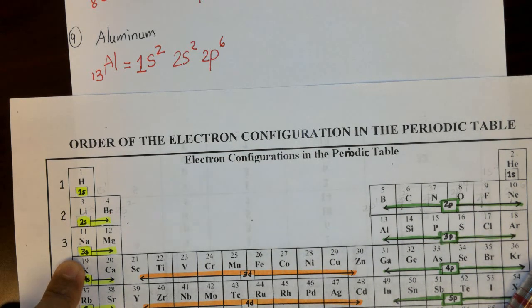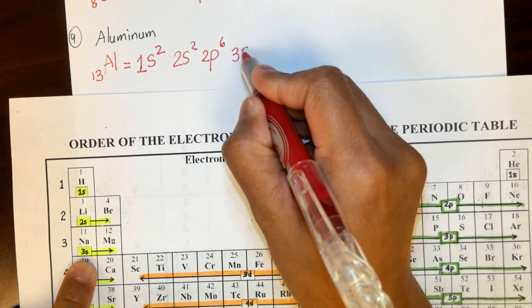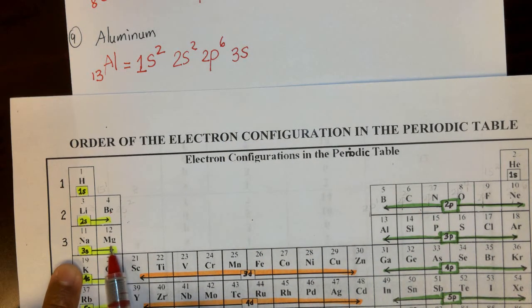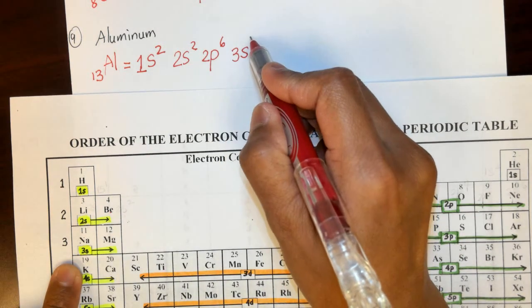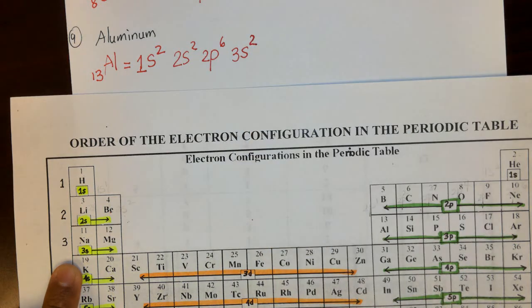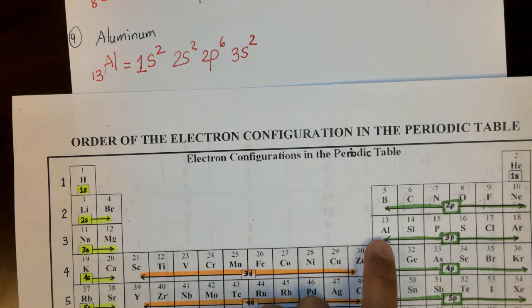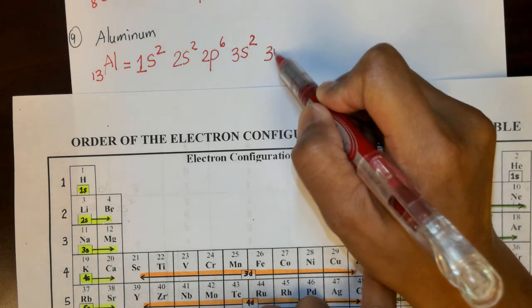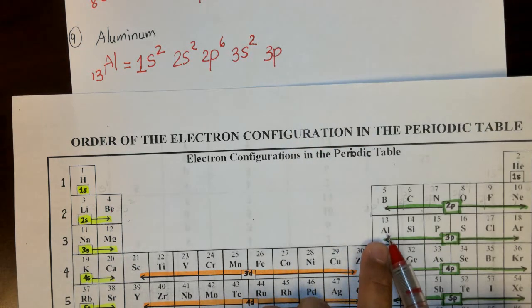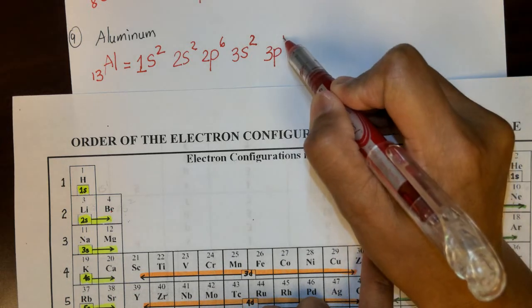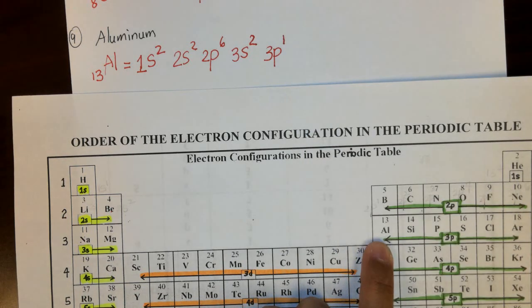My third floor starts with 3s. I will pass by 2 elements here, so that will be 3s2. And finally, I reach my aluminum, which is a 3p. And it's the first element in the 3p, so that's going to be 3p1.